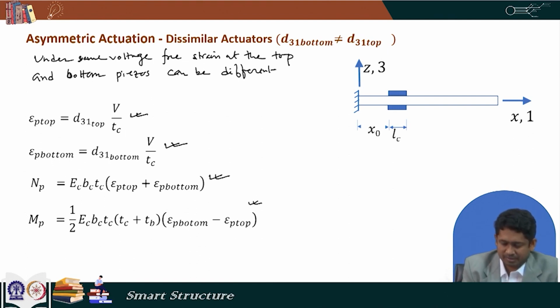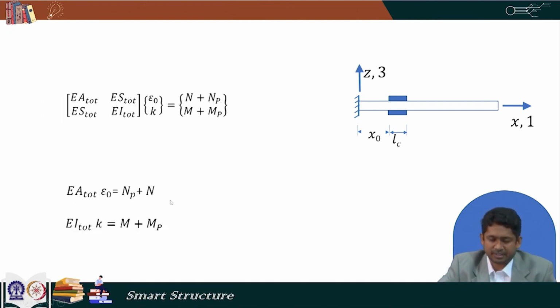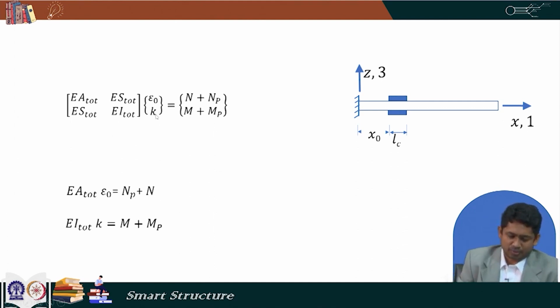So, this is what we get as NP and MP, and then finally the equation looks like this. Now, here one thing to note is that we would find out ES total, EA total and EI total in the same way. Now, the two piezos are different.